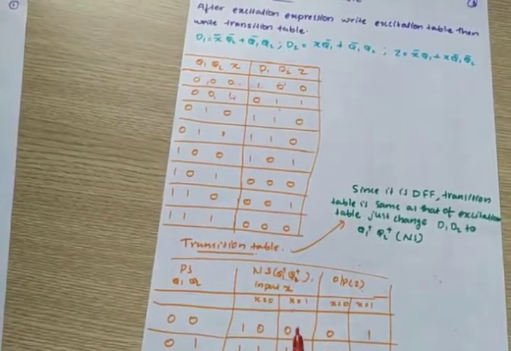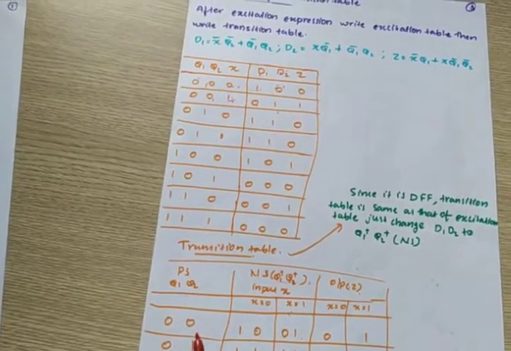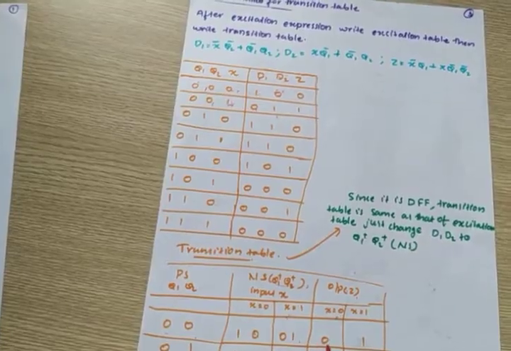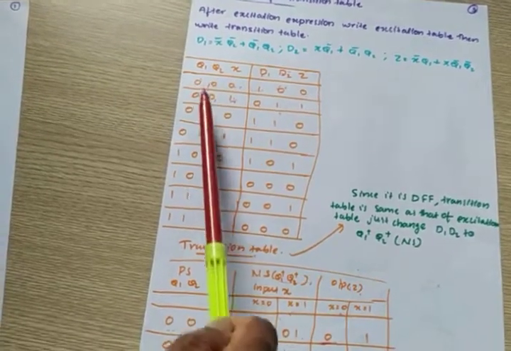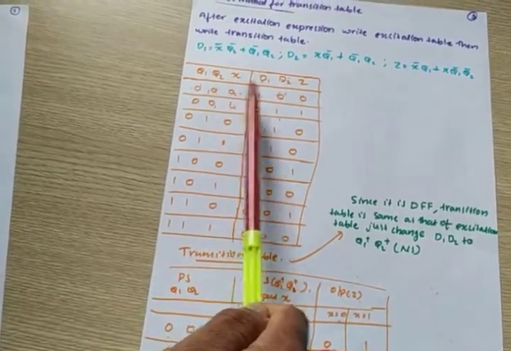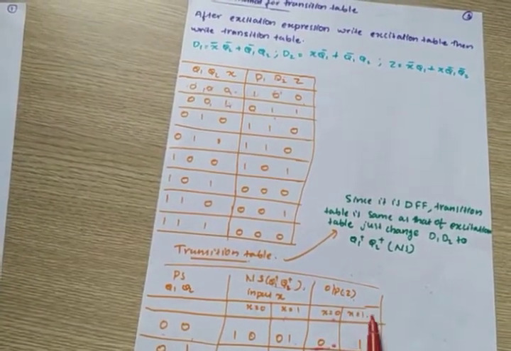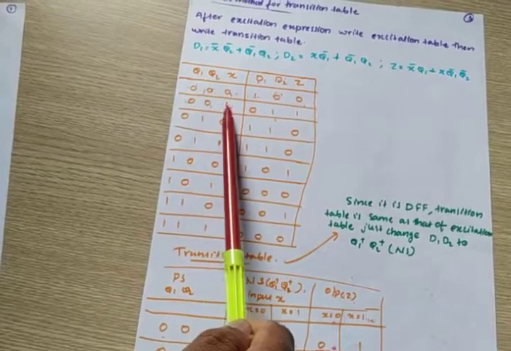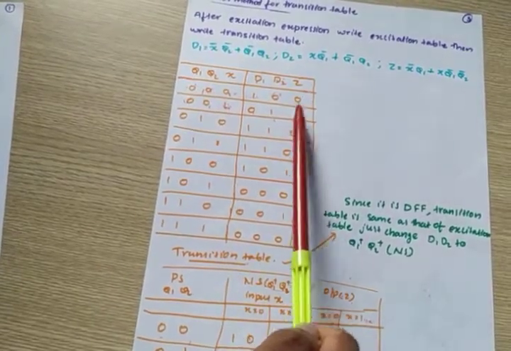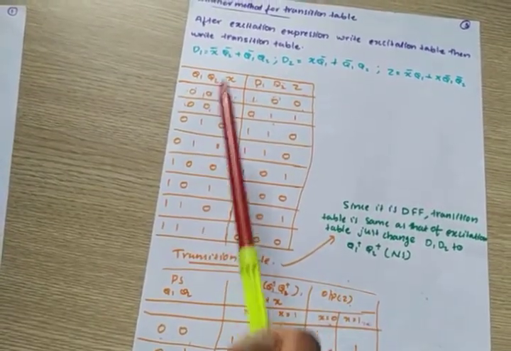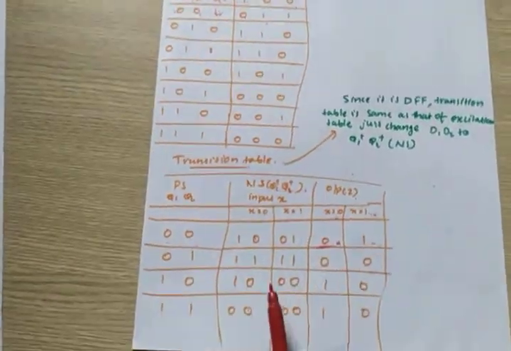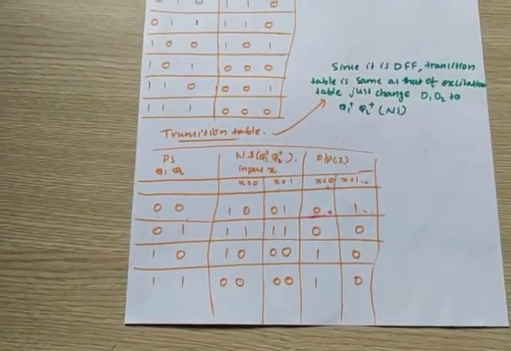So it is 0 1. For 0 0 with input 0, the output Z is 0. What is the output for input 1? For 0 0 with input 1, Z is 1, so you write Z is 1. Like that, from this table you write all the expressions into this table.